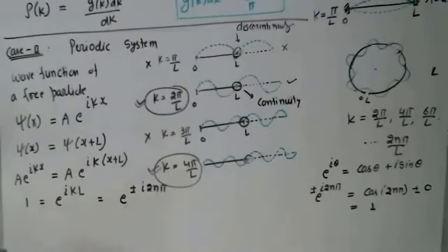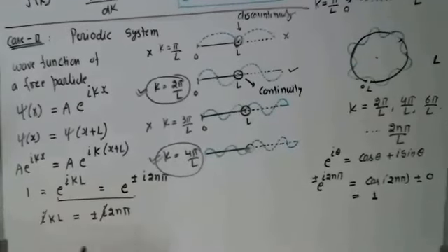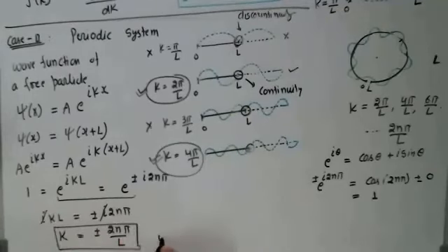I mean this one, and then you can compare these two, means iota KL equal to plus minus iota 2n pi. Now this i and i cancel out, and from there you can see this K comes out to be plus minus 2n pi by L, where this n can take any integer value.